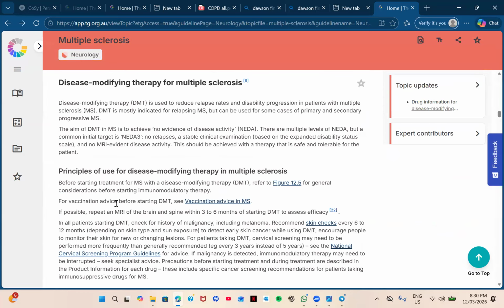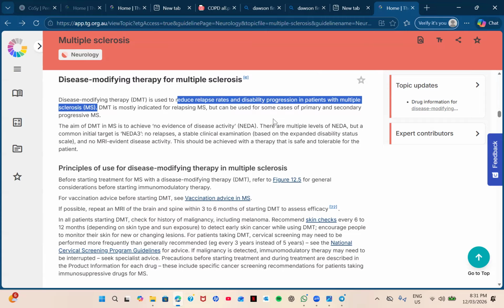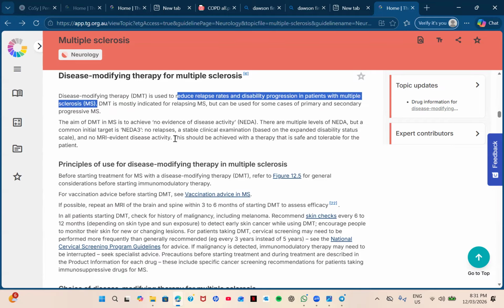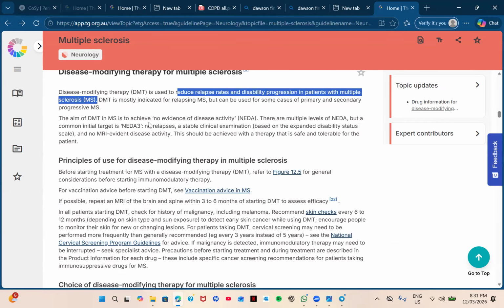And here, this is modifying therapy used to reduce the relapses and rates of disability progression in patients with multiple sclerosis. DMT is most indicated for relapsing MS, but can be used in some cases of primary and secondary progressive MS. The main aim is to achieve no evidence of disease activity.